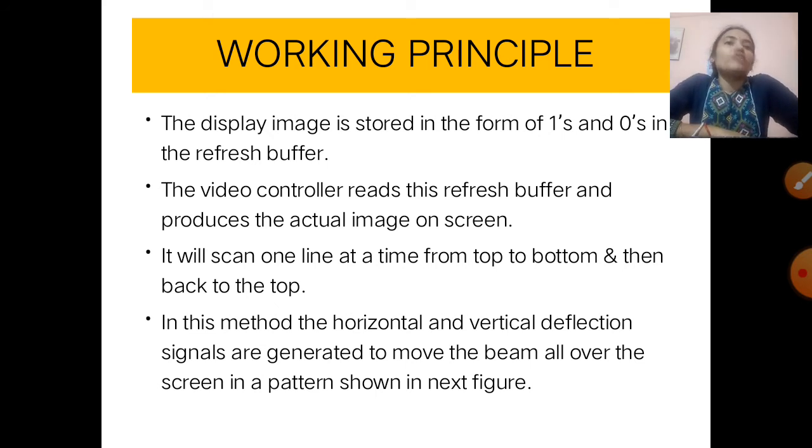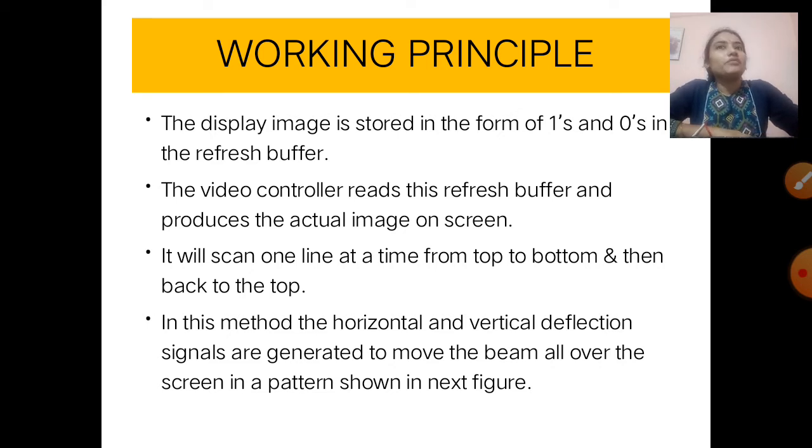Working principle of raster scan display. The display image is stored in the form of ones and zeros in the refresh buffer. When we store an image in a computer, does it store it in image form or in what form? It is stored only in binary form because the computer understands binary.